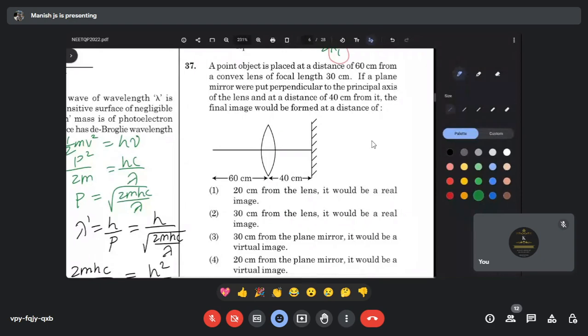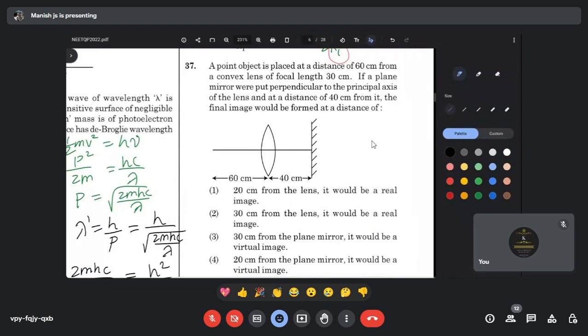So refraction happens for the lens while reflection happens for the mirror. The combination of both refraction and reflection gives you the final image formation. So first you draw the diagram. Only once you draw the diagram will you be able to solve this. So that is the approach for this. So first, complete this diagram. So you have an object.